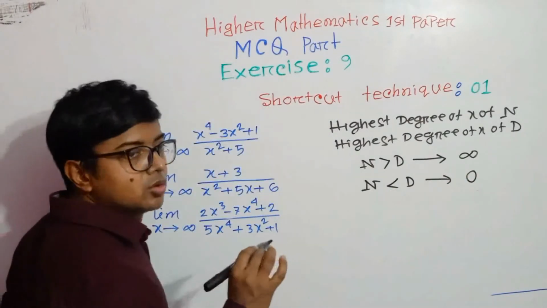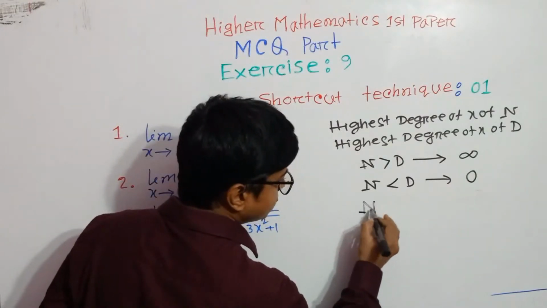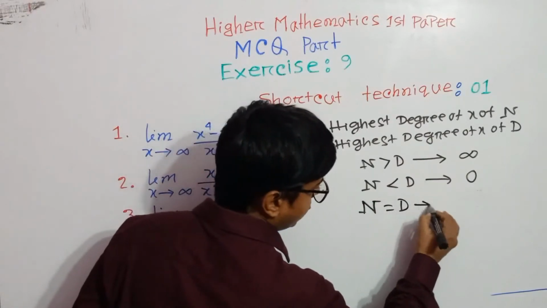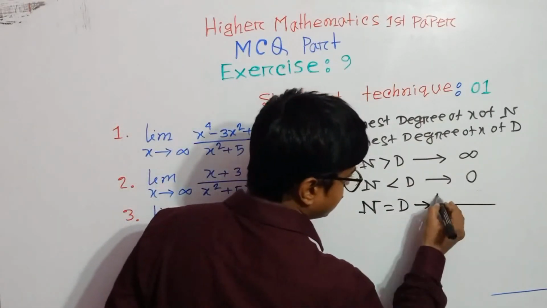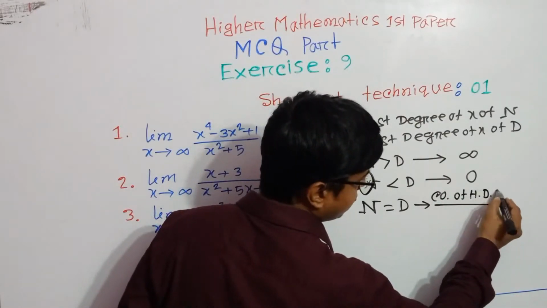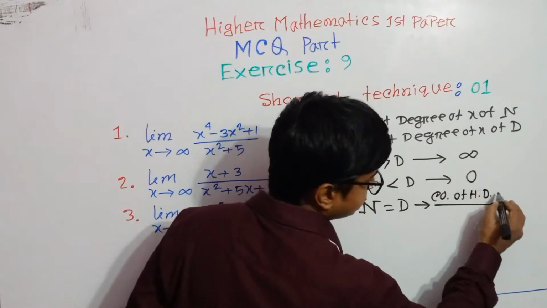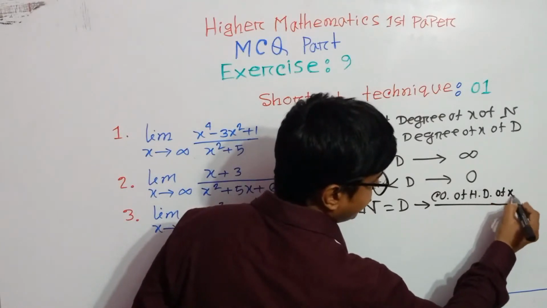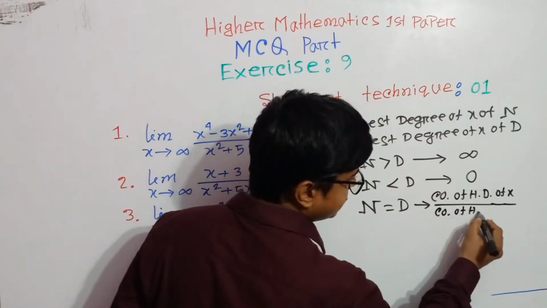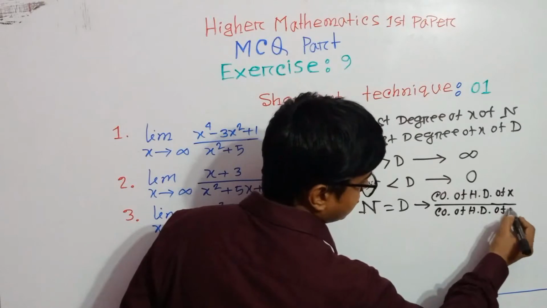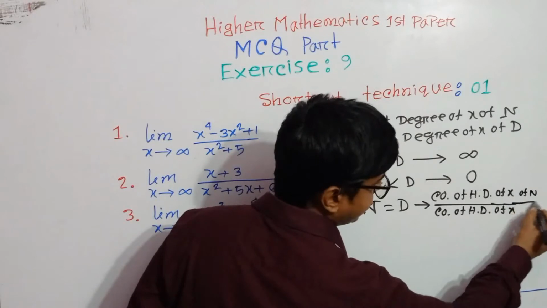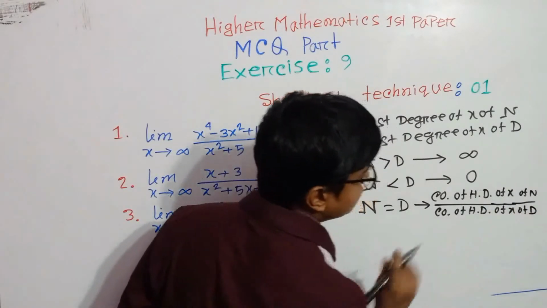And here, when n equals d, then our answer will be the coefficient of the highest degree of x variable of numerator by the coefficient of the highest degree of x variable of denominator.